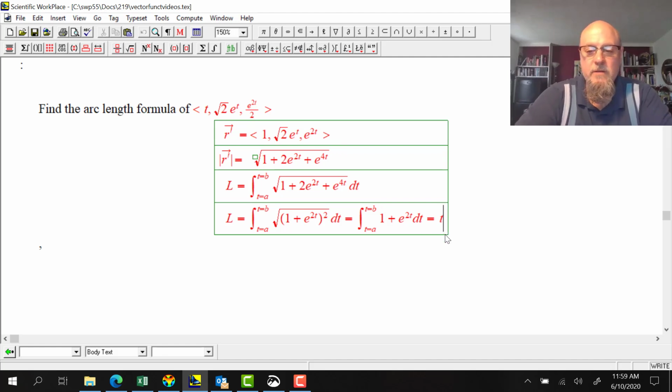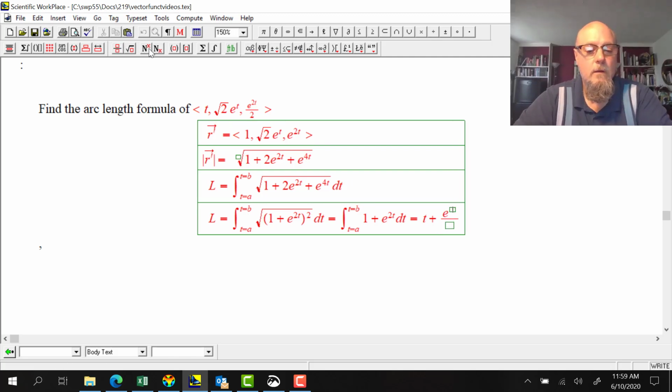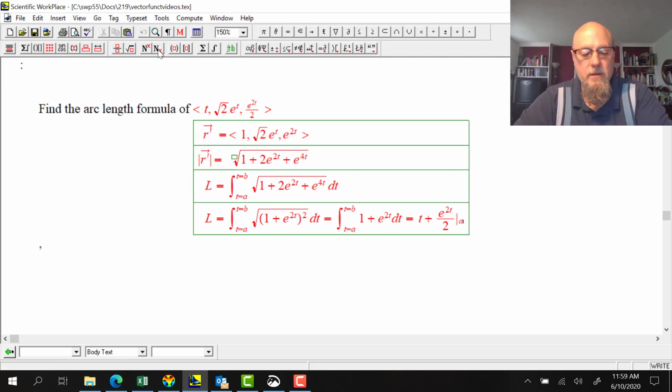That's going to be t plus e to the 2t over 2. And I still have to sub in the top minus sub in the bottom. So sub in the b minus sub in the a for that value.